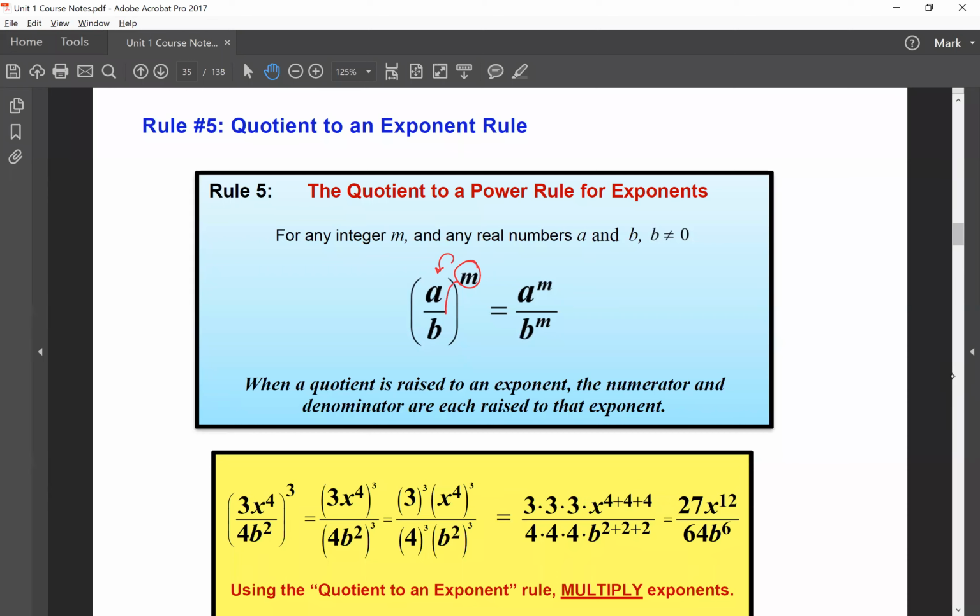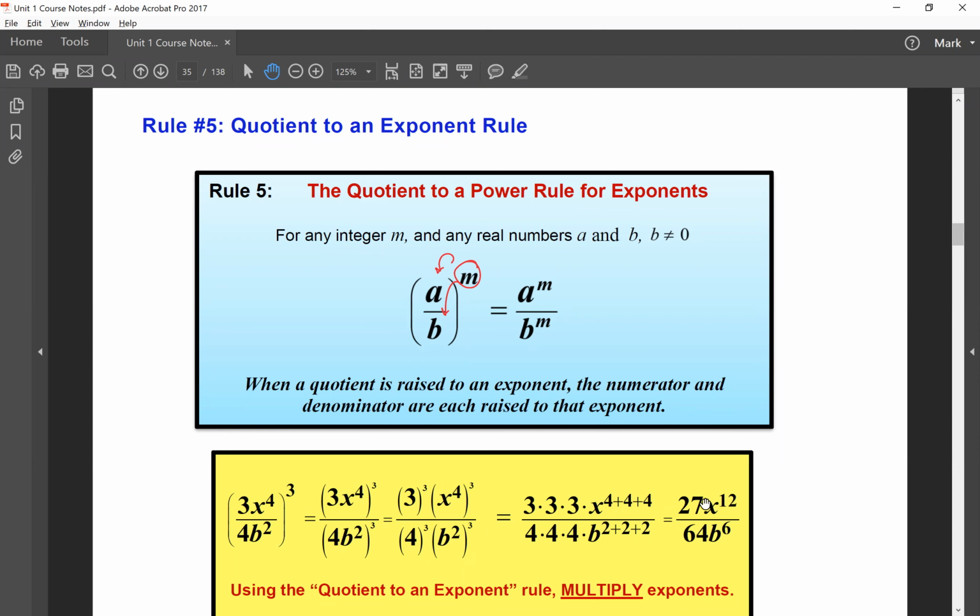It's like the distributive property. Because that M is outside the brackets, that M, meaning any integer or any exponent, gets distributed or shared with everything inside those brackets. It doesn't matter if it's a fraction or a number, it gets shared inside.